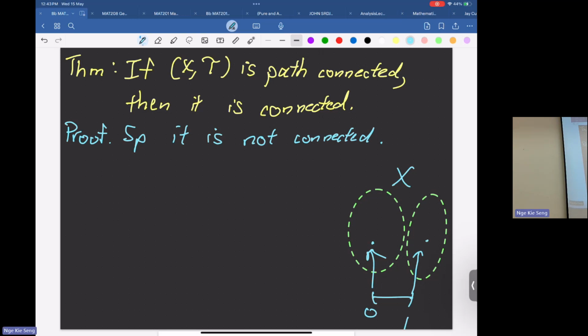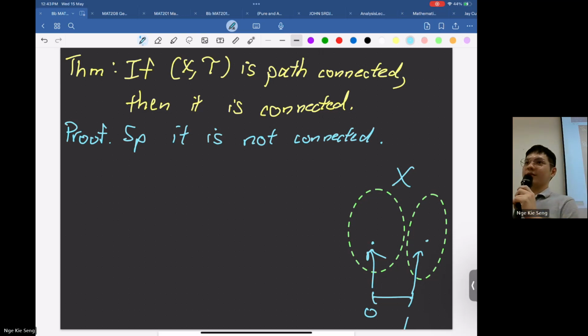Okay, I think it's not too far. But you need to argue why this disjointness cannot deter you from building this map.